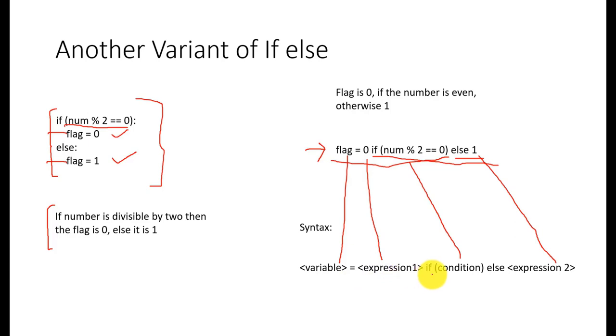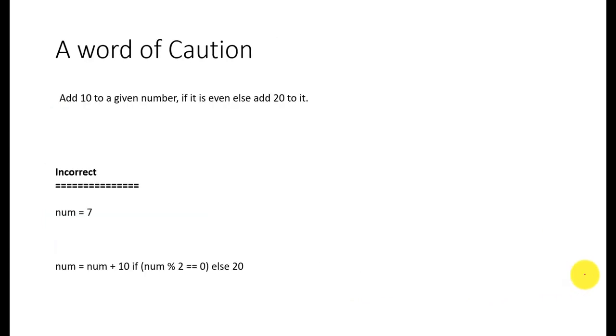And our variable is of course flag. So flag is equal to 0 if condition, that is number is even, num percentage 2 is equal to 0, else expression 2 which is 1. So this is how we specify our second kind of construct in Python for the if else block.